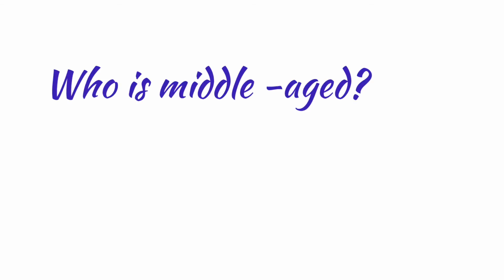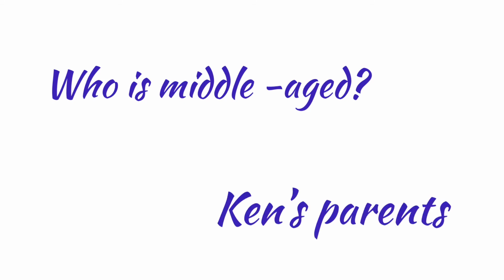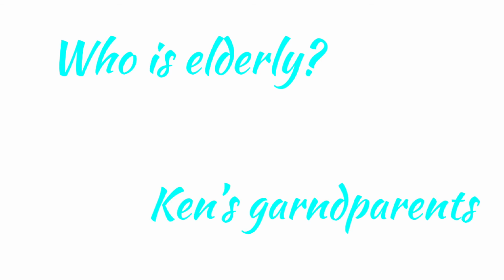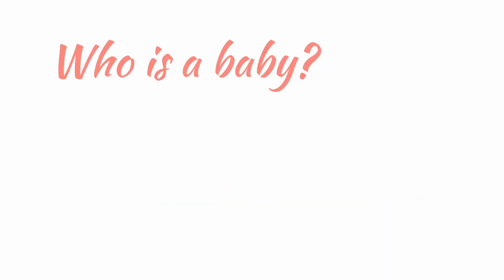Please answer my questions out loud from your home. The first, who is middle age? Ken's parents. Very good. Second, who is elderly? Ken's grandparents. Yes. The third, who is a baby?